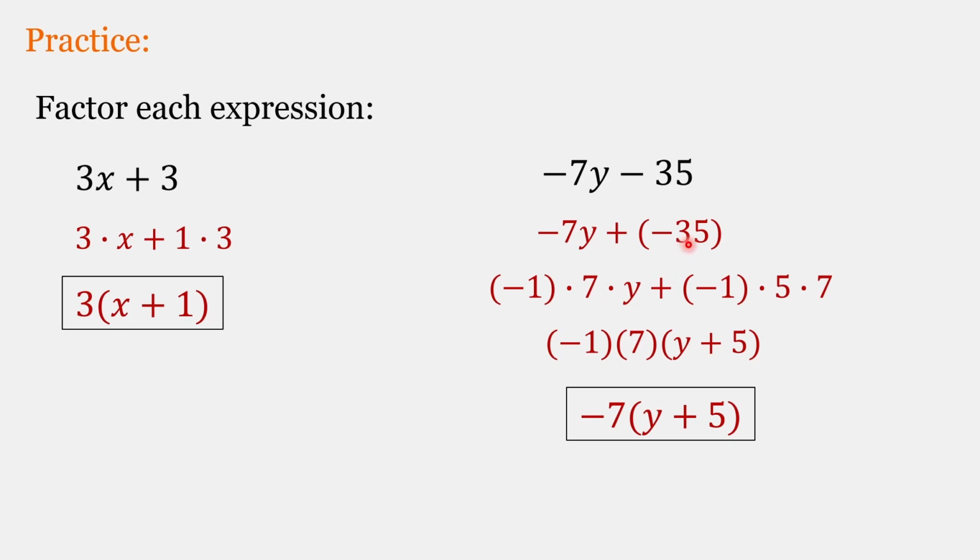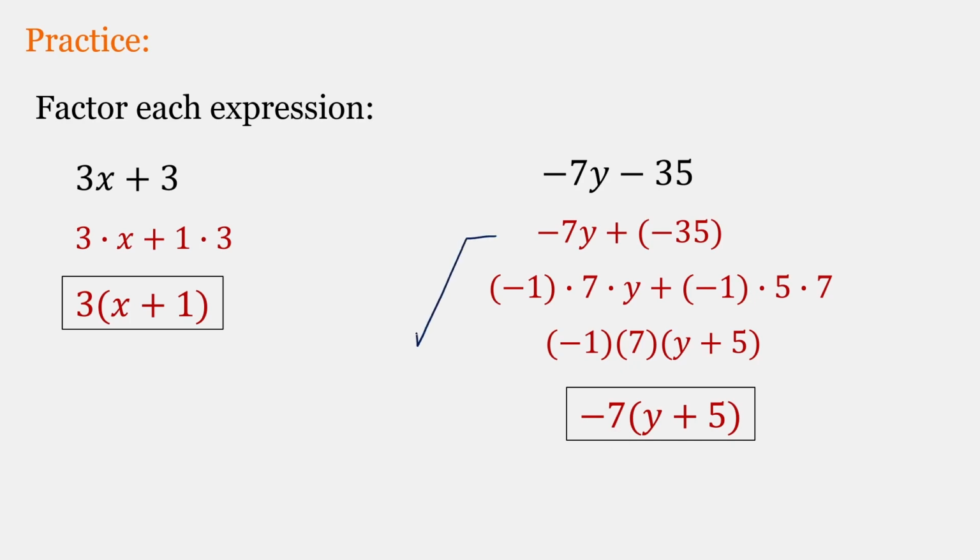And negative 35, I did go ahead and factor it as negative 1 times 5 times 7. These two terms have both negative 1 and 7 as common factors. So we factor out the negative 1 and 7, leaving us with y plus 5 within the parentheses. And then negative 1 times 7 is negative 7.